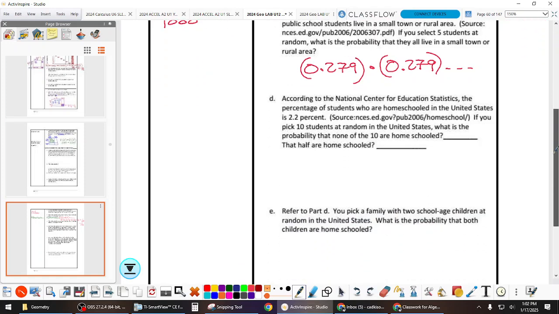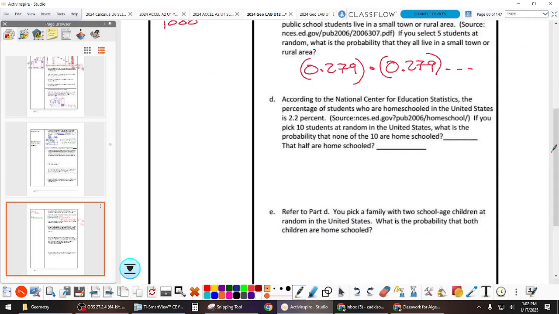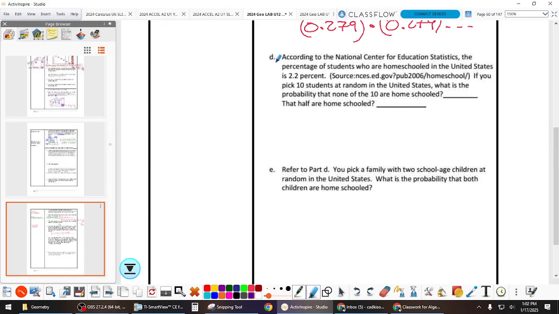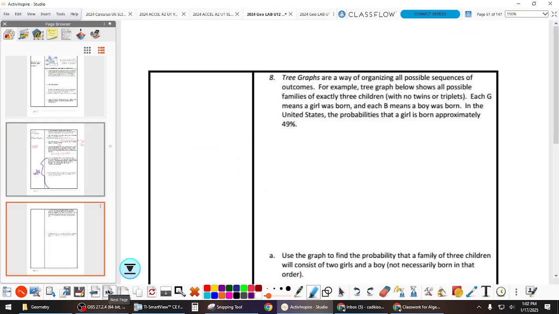I think we'll come back to this maybe and do it as a warm-up. Because I want to have a chance to show you the tree. Okay, I'm curious to see if any of you will like this better.